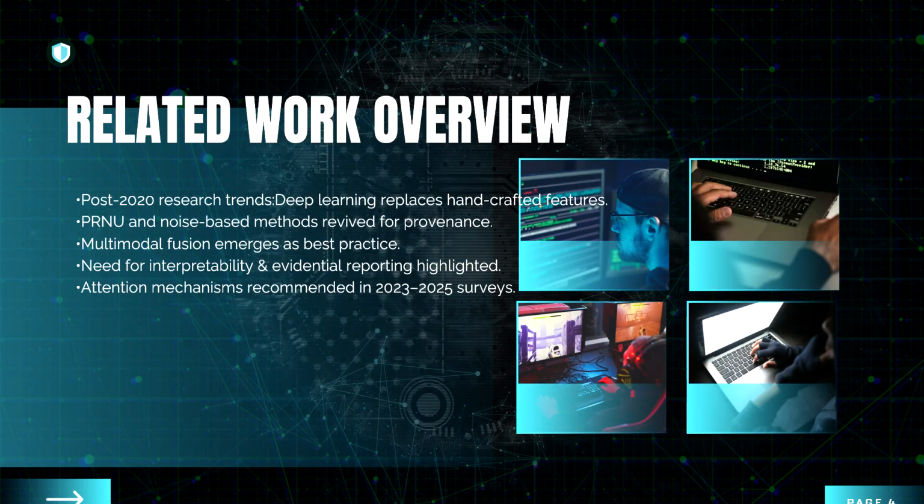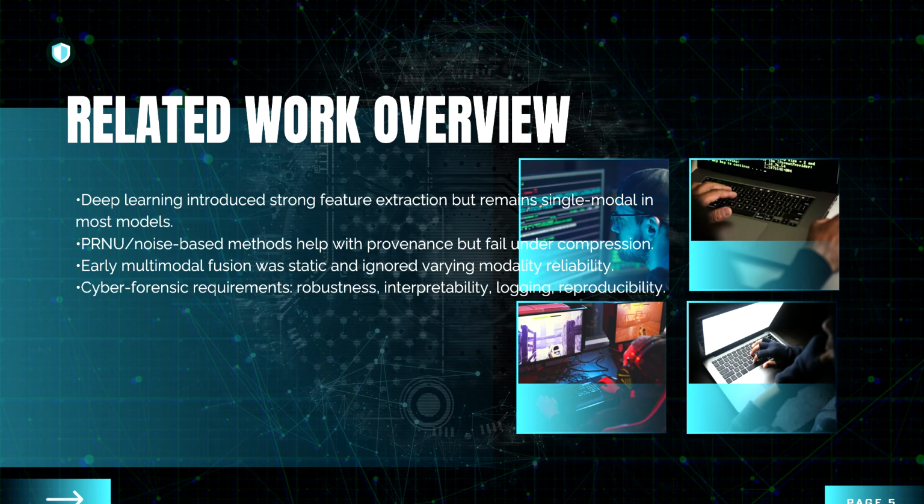From 2020 till now, there was a vast increase in experimentation in this field, as we are seeing a high increase in crime rates. But all these works lacked the same thing: there was no single module able to produce all four results.